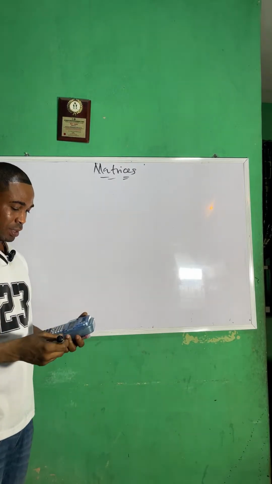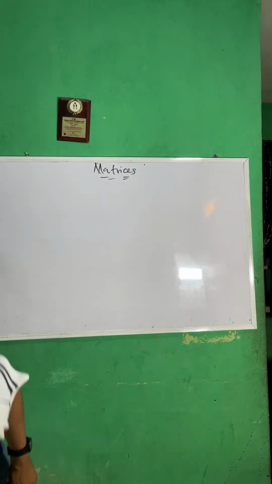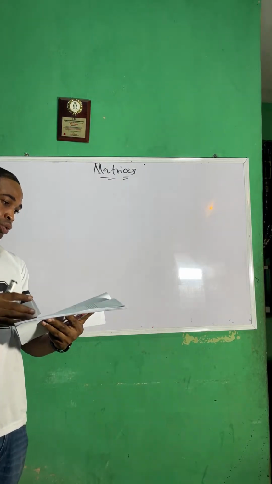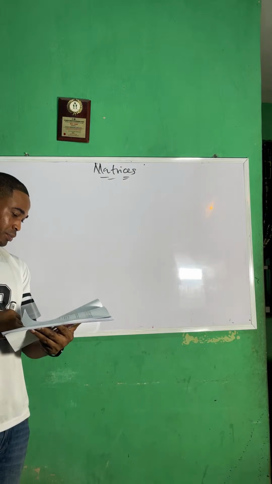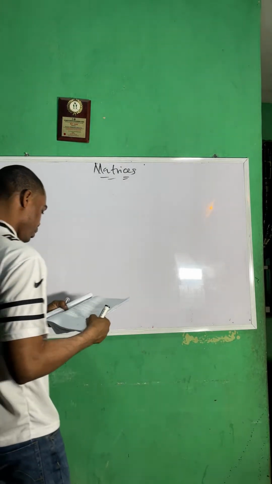It's very important. So now we are moving to 3 by 3 inverse matrices. At this point, you need to be very, very careful. A 3 by 3 inverse matrix is not a joke.